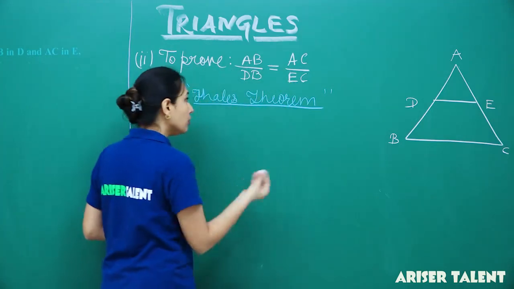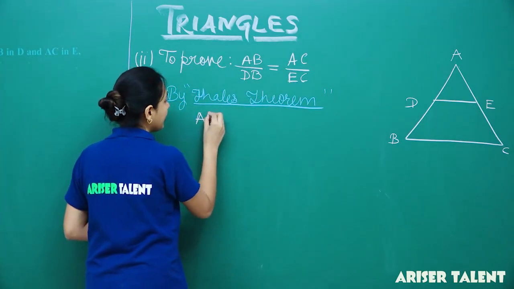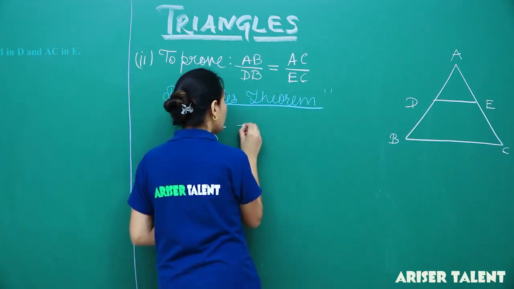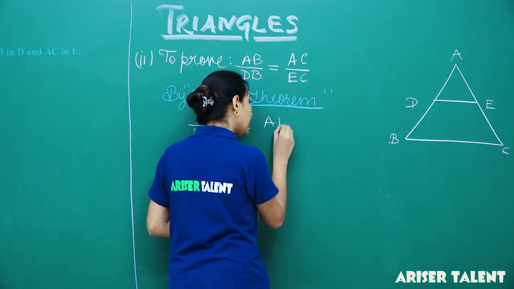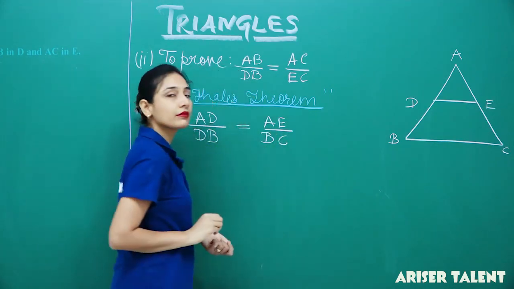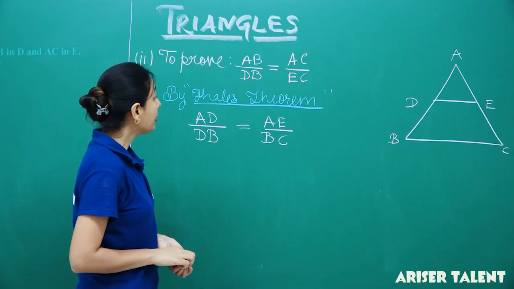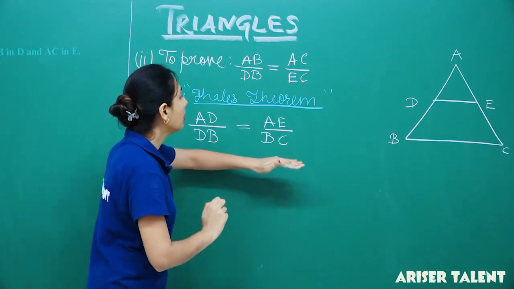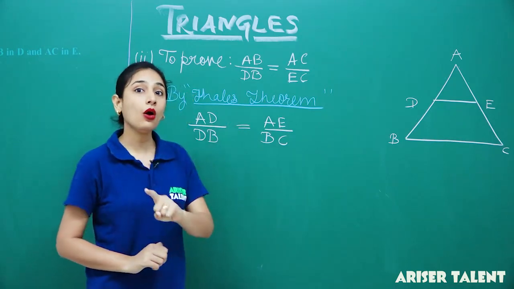So, just write it: AD by DB equals AE divided by EC. Now students, I have told you what you have to do: write Thales theorem and now add.